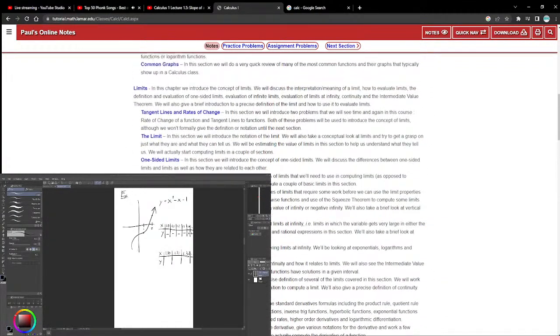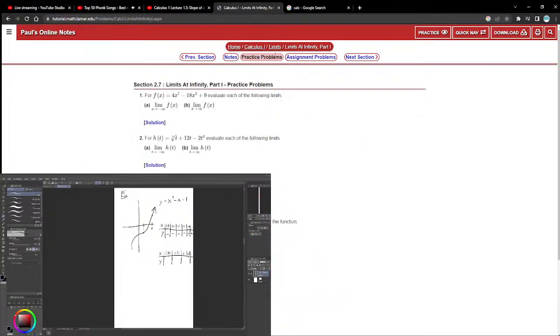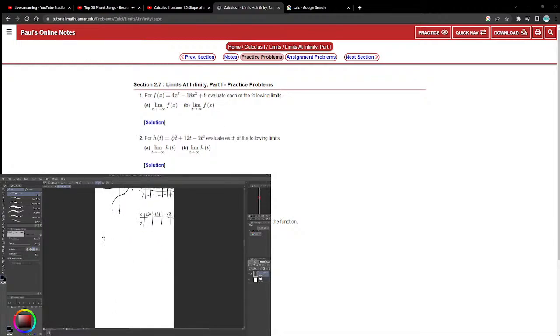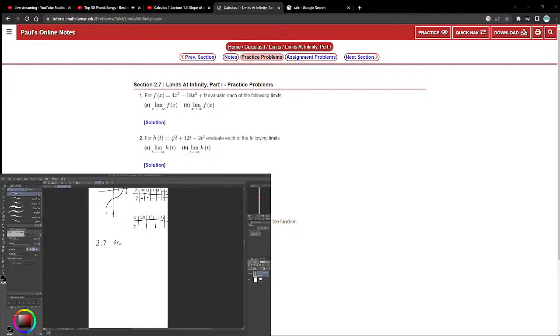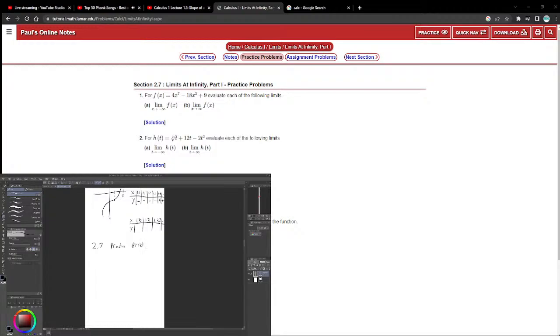Okay, anyway. So for these, right? Would I be able to just set these equal to 0 and then plug in a 1 and a negative 1?